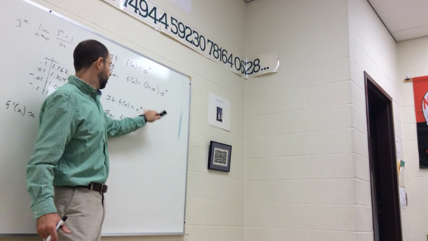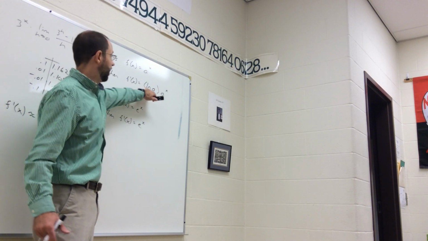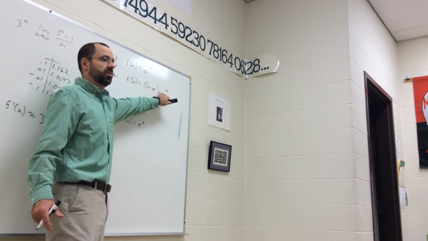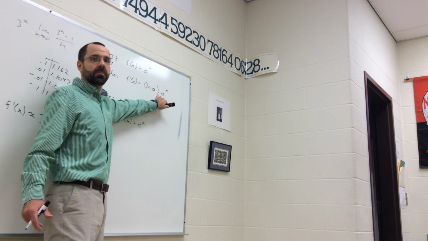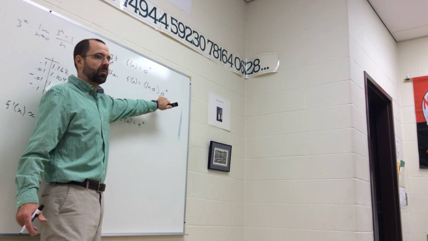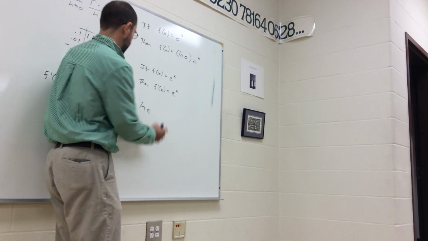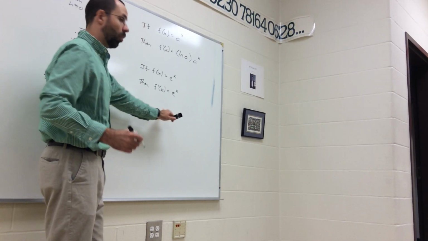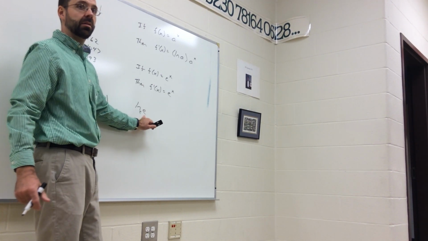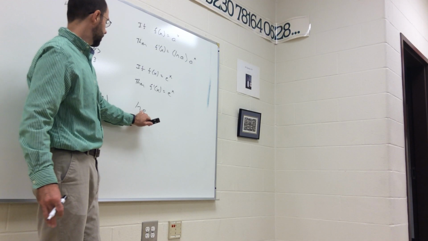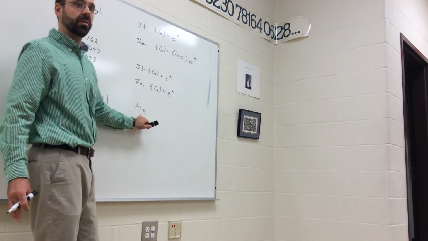So you don't even have to memorize this. You could just memorize this, and it would work for e as well, because the natural log of e is 1, and so you're going to get e to the x. The reason the natural log of e is 1 is this says e to what power is e, right? And it's e to the first power that's e. So that's why the natural log of e is 1.